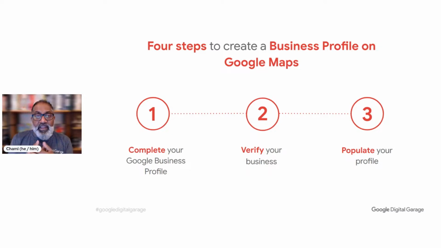Then you go through a verification process, and this is usually either through SMS, a short message system, texting, or what's much more reliable is the old-fashioned postcard, where the team from the Google Business Profile send you a postcard. You've got a pin that allows you access to the editing part of your Google Business Profile pages, and then you can change things there.